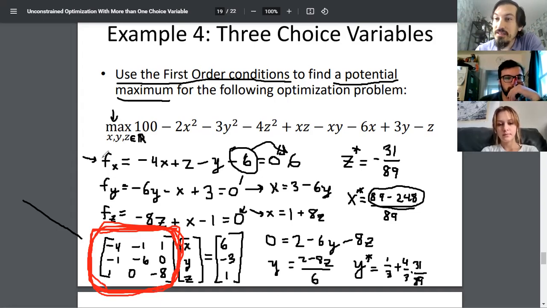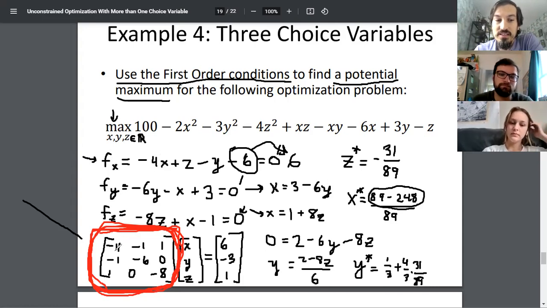See f_x, if you were to take the derivative of f_x again, what would you get? -4. That's what's here, this -4, because it's linear. The coefficient of the linear term of x is also the second order partial derivative with respect to x. What about f_xy? f_xy is -1 for exactly the same reason as the coefficient on the y linear term is -1.